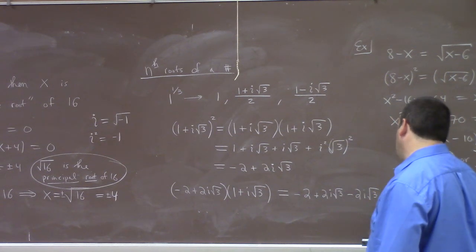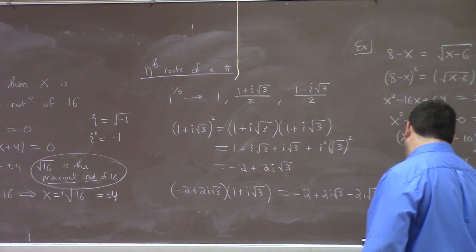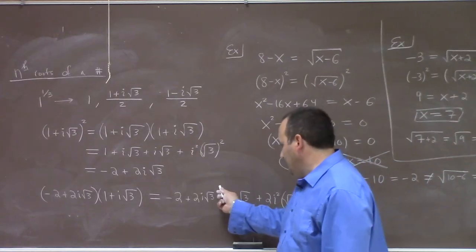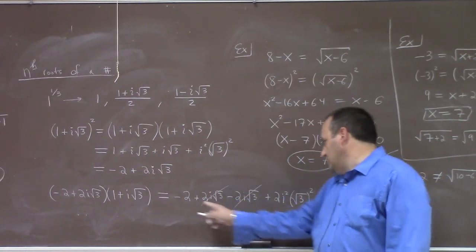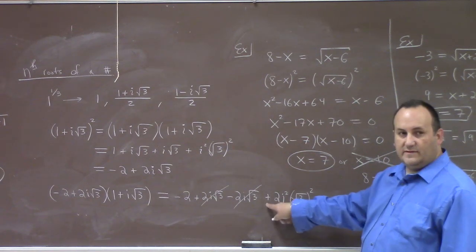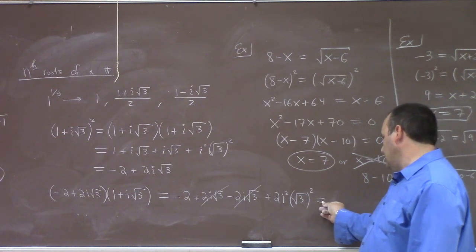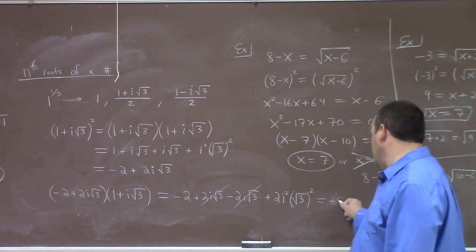We've got plus 2I squared, square root of 3 squared again, right? Oh, check that out. These terms cancel. That's neat. And this is a minus 2. This is 3. That's minus 1. This is actually minus 6. So all told, we have, I believe, minus 8.